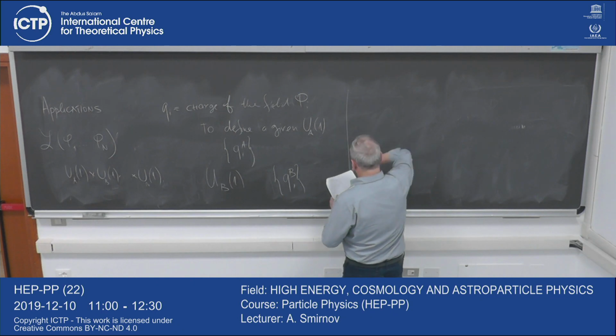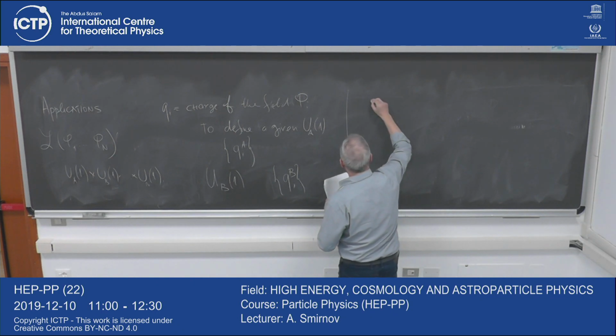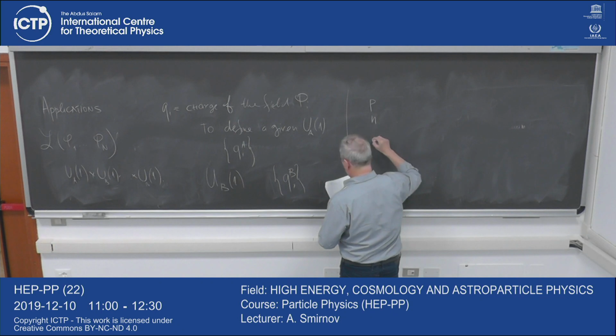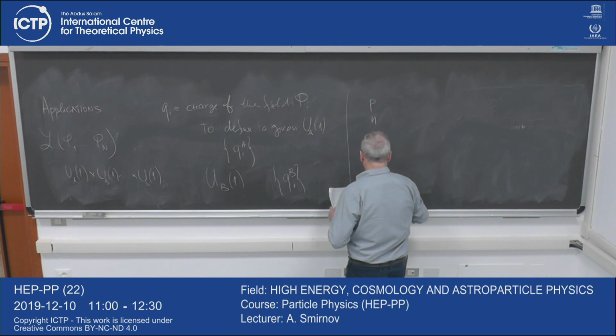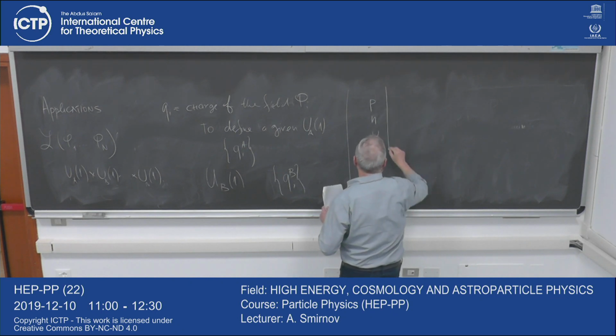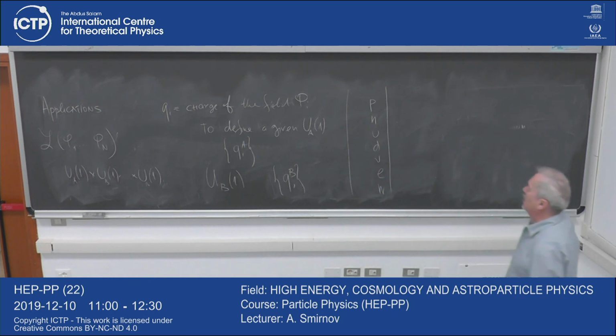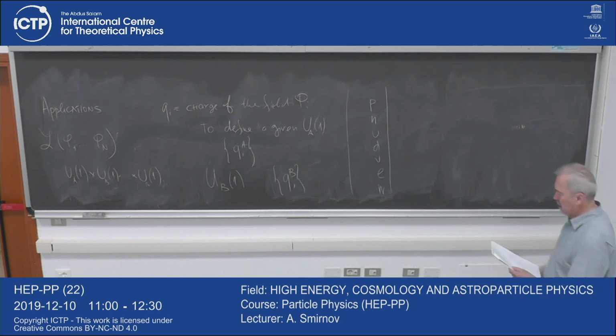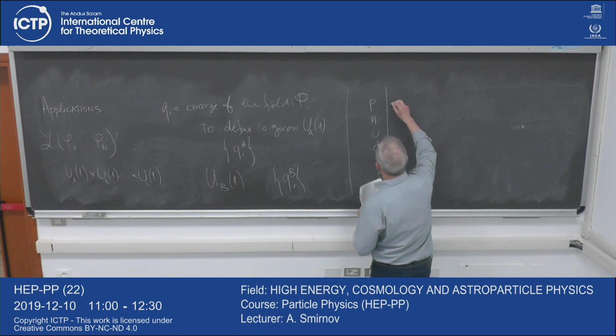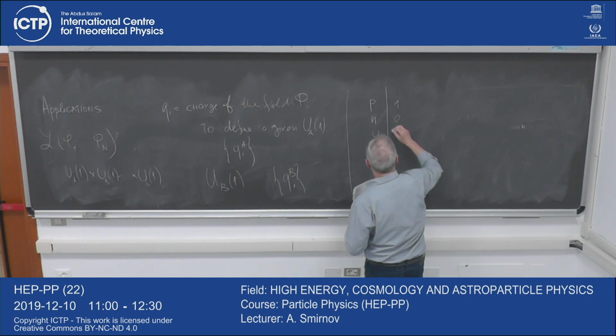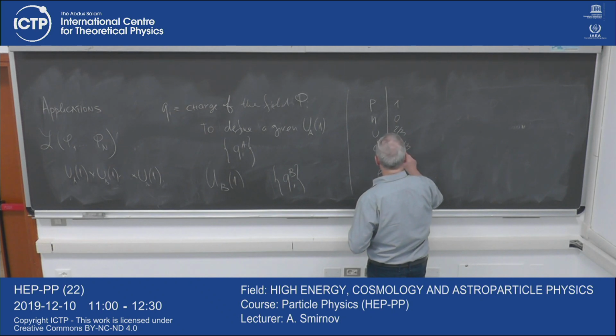So suppose I have particles in my theory, which are proton, neutron, and let me give even quarks, U quark, D quark, neutrino, electron, W boson. And I'm assigning the following charges: 1, 0, 2/3, minus 1/3, 0, minus 1, and here W plus, W minus.